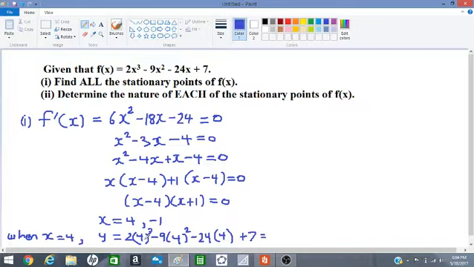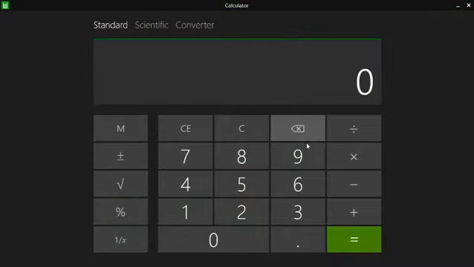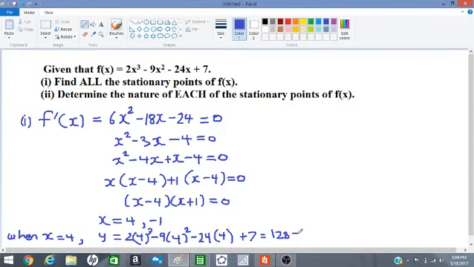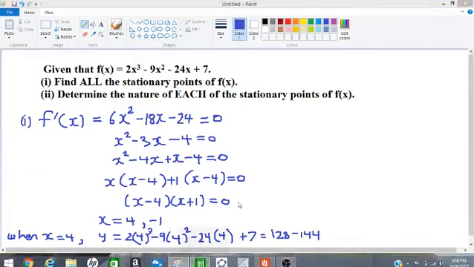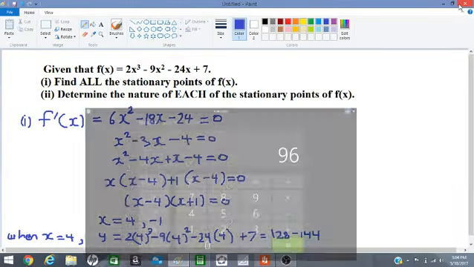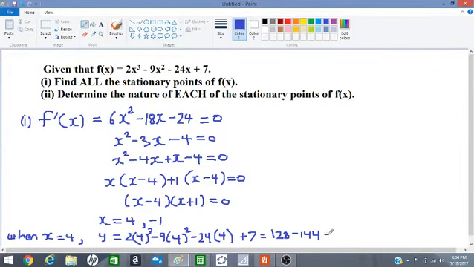4 to the power 3, 64 times 2 is 128, minus 9 times 16, let's do that, 144, minus 24 times 4, which is 96, plus 7.